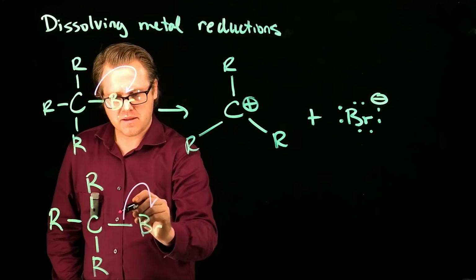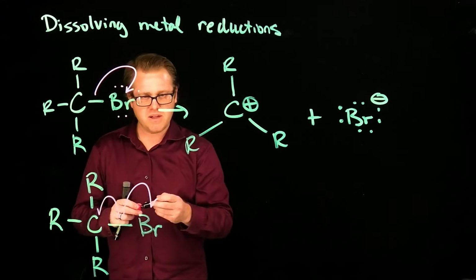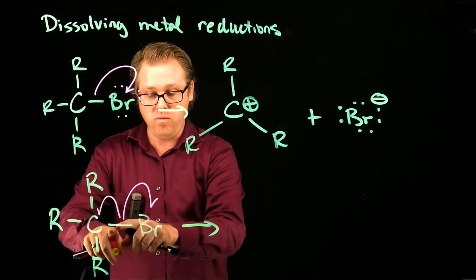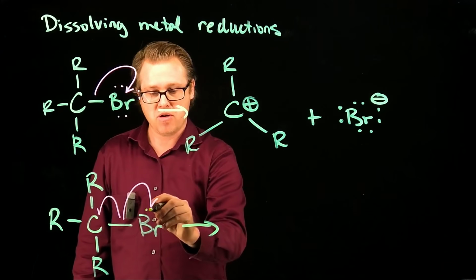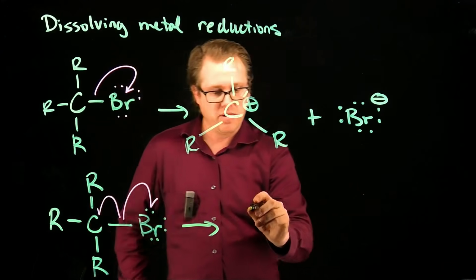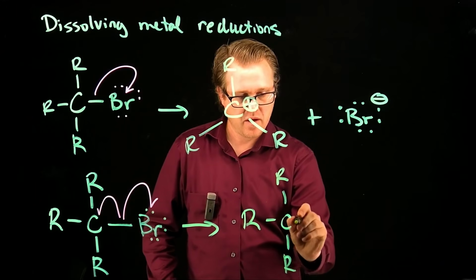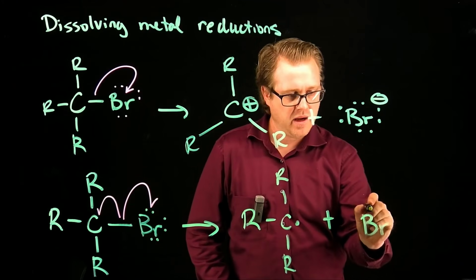When we do this in a fishhook arrow drawn like that, what are we saying? We are saying one electron goes to the carbon and one electron goes to the bromine. And so we would have species that look like this, with an electron there, plus our bromine right here.